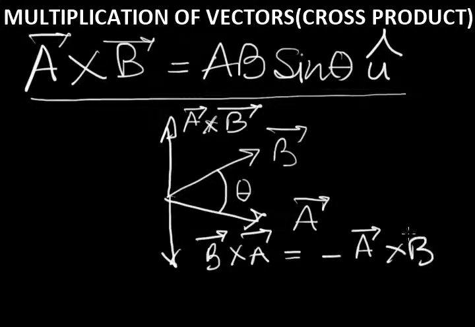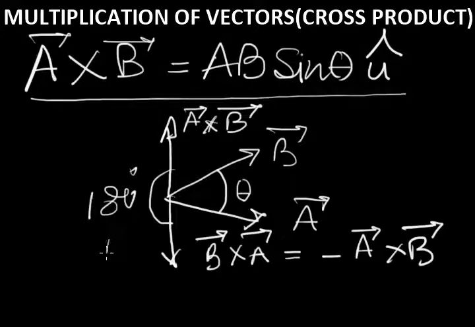So you have A cross B equal to minus of B cross A. The angle between the two vectors here is distinctly 180 degrees, or what we call pi radian. So this is all about direction. I will repeat that if you multiply A and B, your swing of right hand fingers should be from A directed towards B, and your right hand thumb will point upward. So this is the plane of A and B.